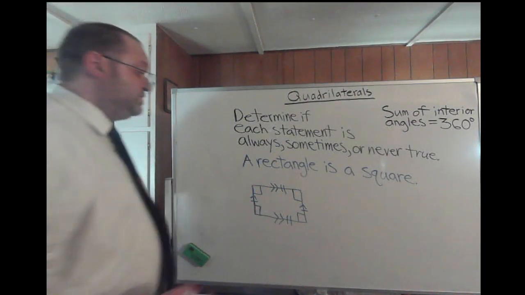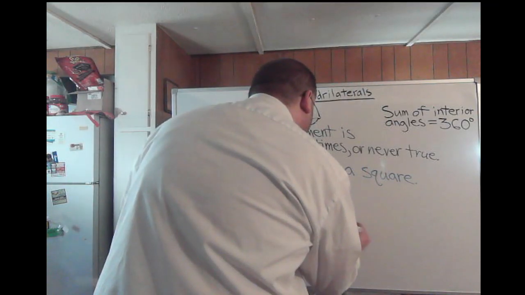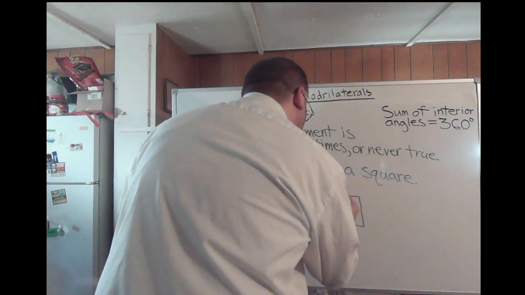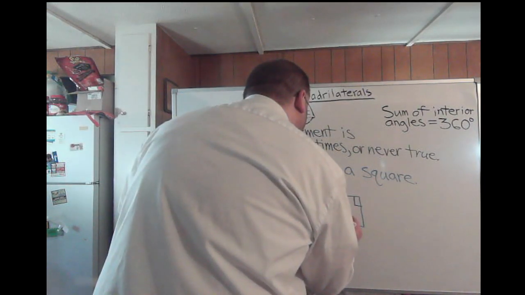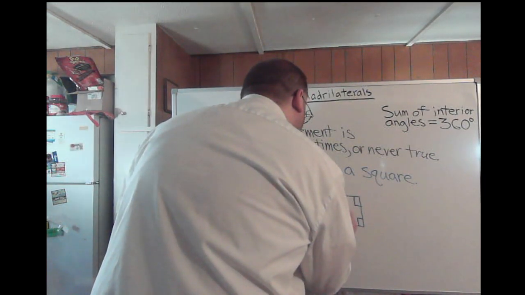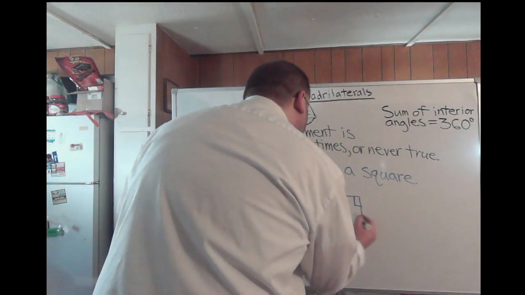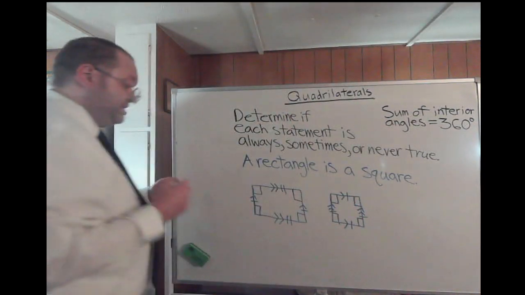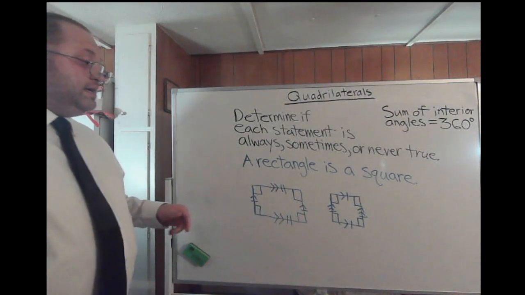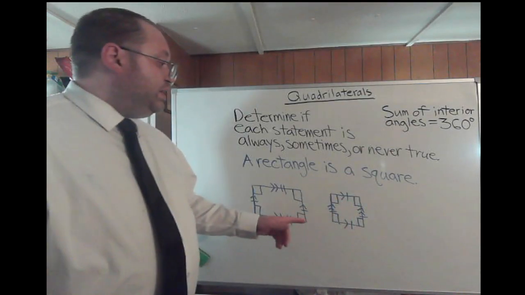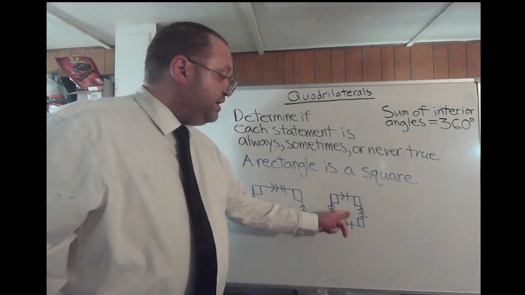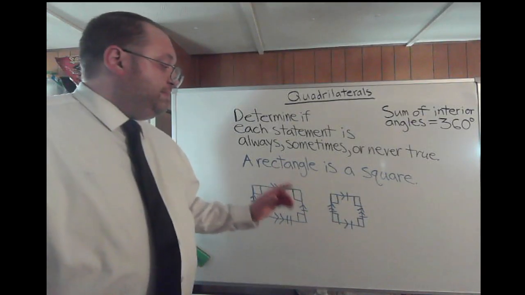A square, on the other hand, you still have 4 right angles. That much hasn't changed. Both pairs of opposite sides are parallel to each other, but all 4 sides are congruent to each other. So by definition, let's work backwards. A square, you definitely have both pairs of opposite sides parallel and both pairs of opposite sides congruent.